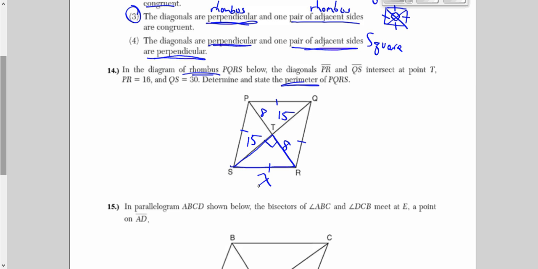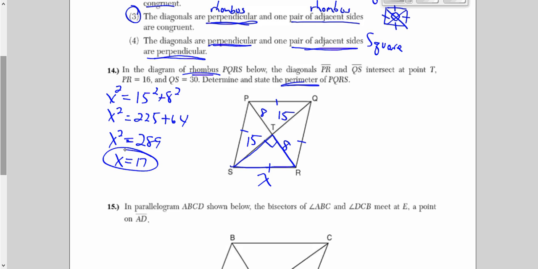So what would the equation be here if we're using the Pythagorean theorem? 15 squared plus 8 squared equals x squared. Hypotenuse is always by itself, right? So x squared equals 225 plus 64, right? X squared equals, what's that, 289, right? Take the square root, right?